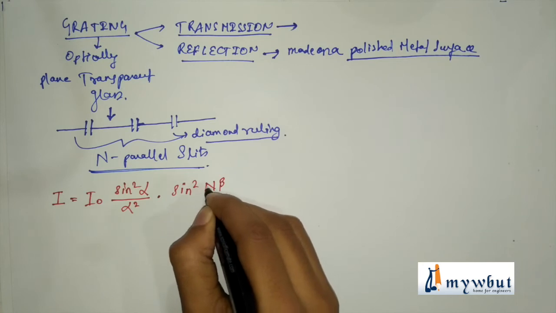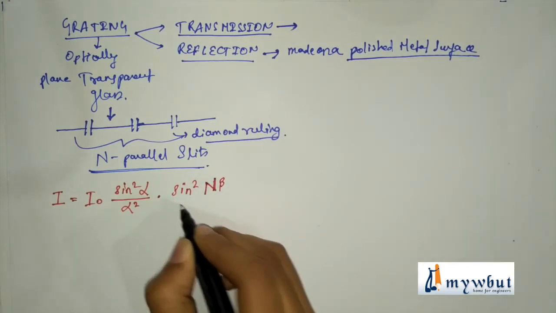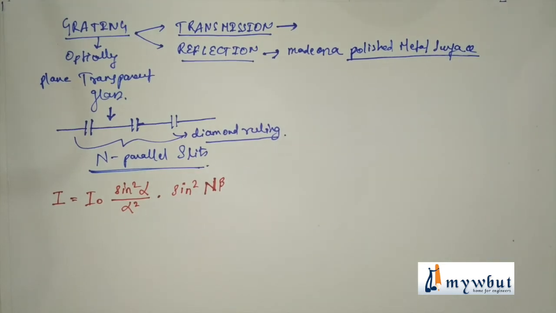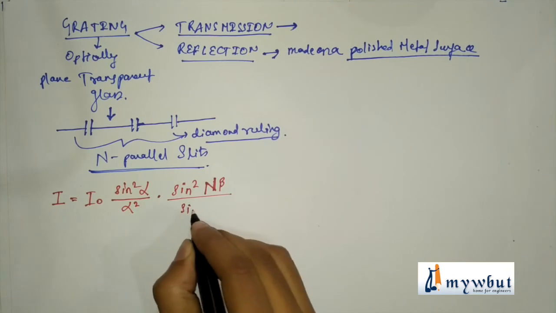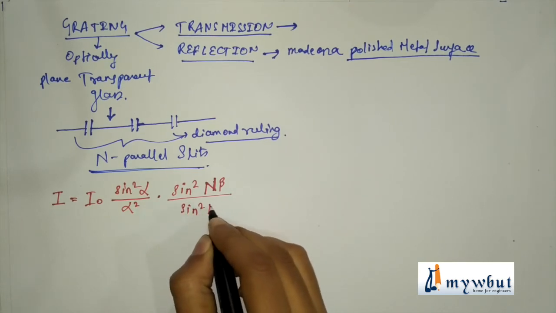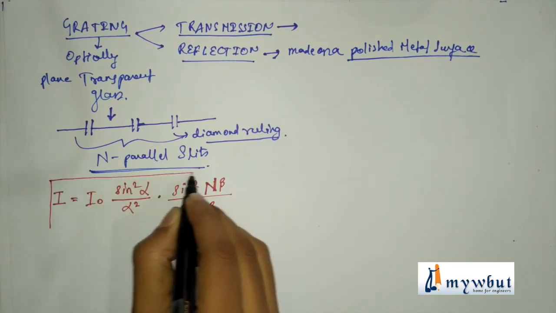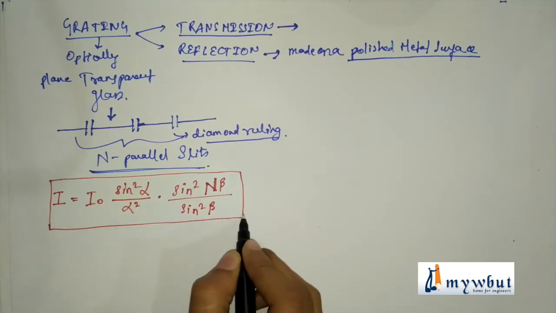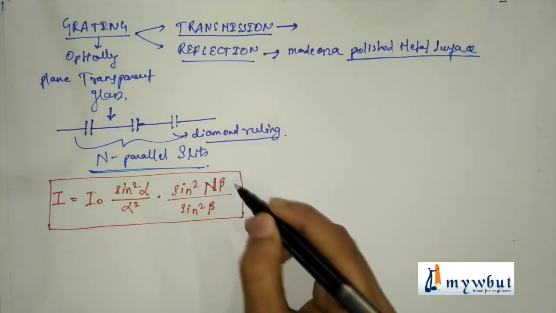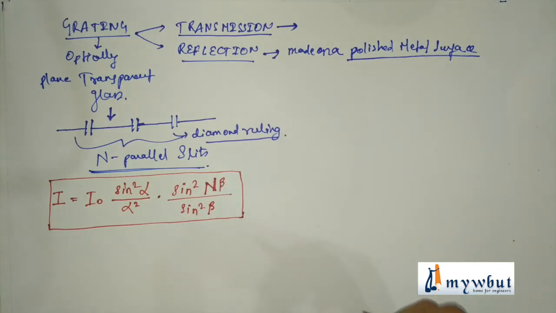The N is the new term included due to N number of slits in the diffraction grating. So for a single slit, what will be the case? N will be 1, and for the double slit experiment, N will be 2. Hence, you only have to memorize this formula.